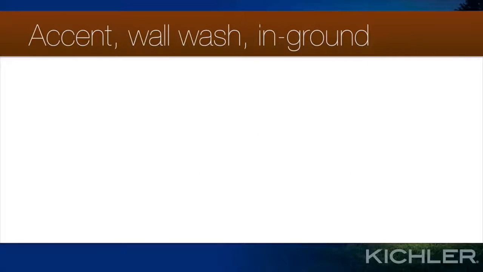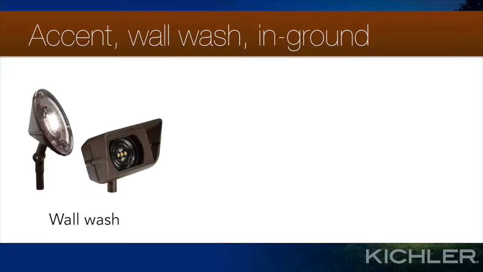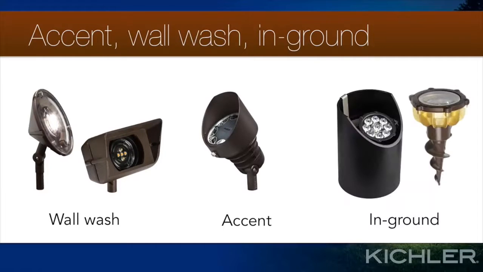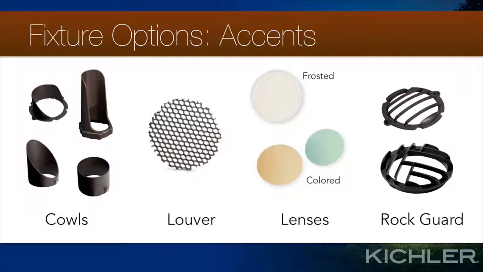There are a few style options with the more utilitarian wall wash, accent, or in-ground lights, but the decision about these fixtures is mostly based on performance. Accent lights differ exclusively in terms of performance, so the choice of fixture is determined by how much light you need, over how large an area, how far away. There are, however, a number of options that you can add to fixtures to solve different lighting problems.